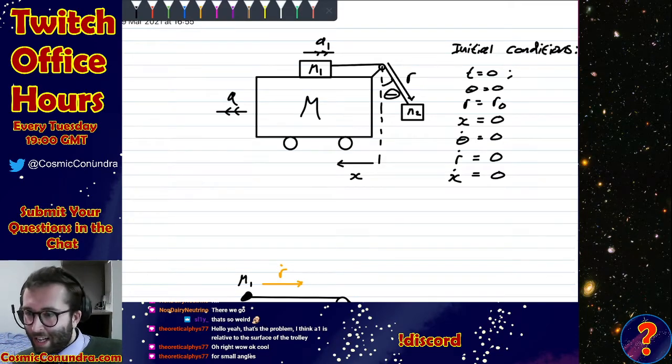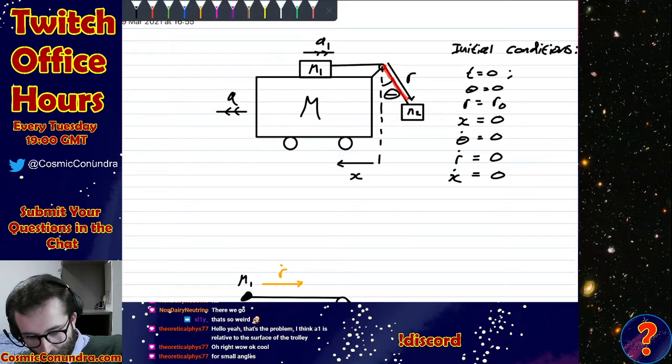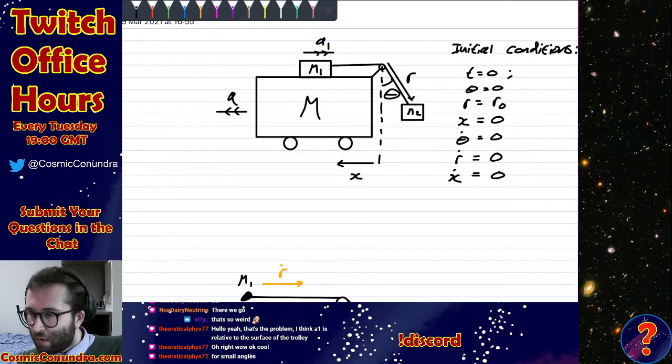So what I've done here is I've defined all my variables. x is the distance the pulley has travelled to the left. Theta is the angle from the vertical that the rope connected to M2 has swung. And then we've got some initial conditions.